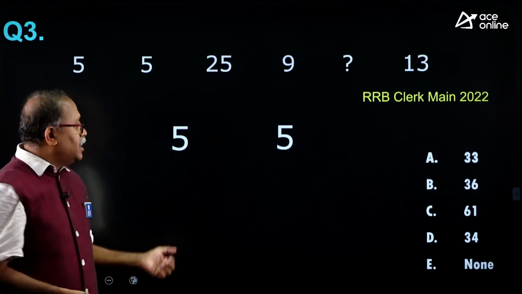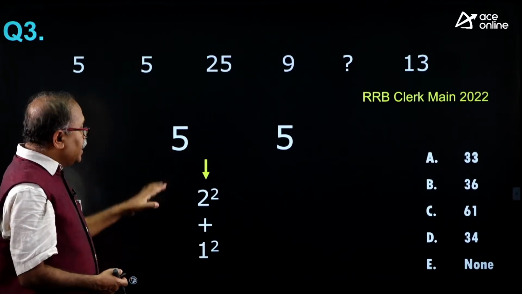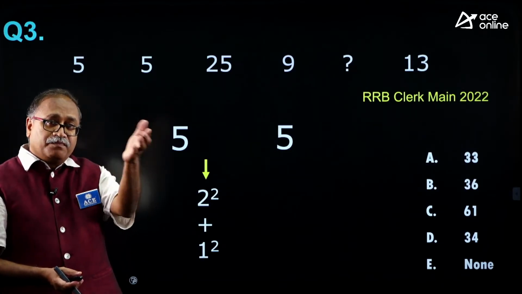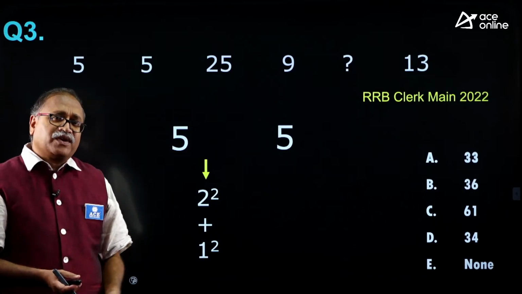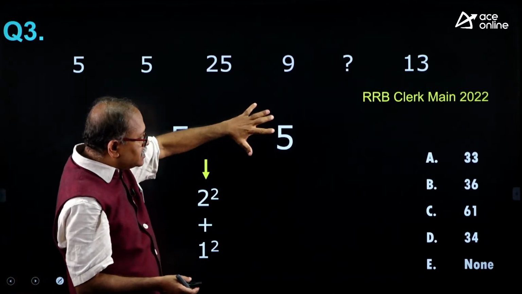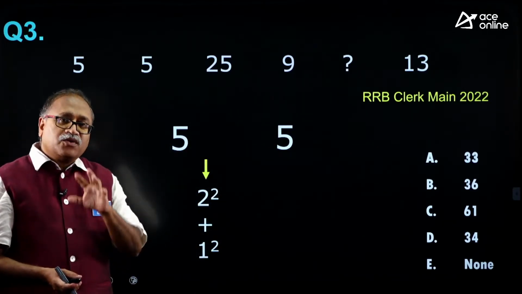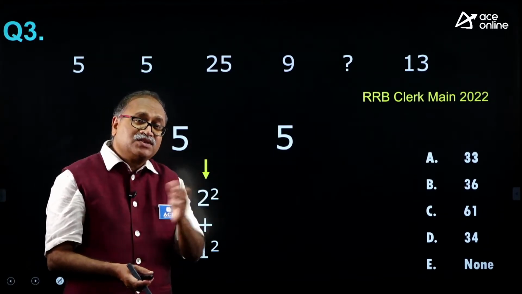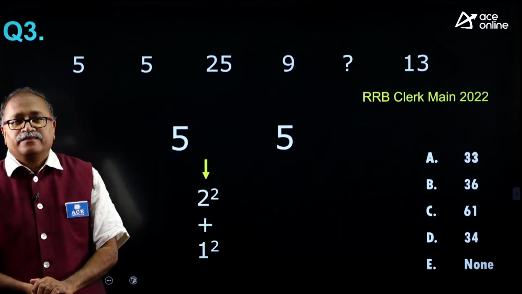Can I write this 5 as 2 square plus 1 square, 4 plus 1, that comes 5? If it is so, how can I write this second 5 in the form of n square plus or minus n square? Think of it.